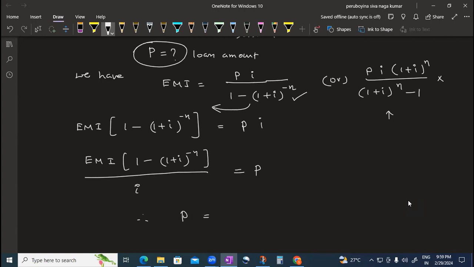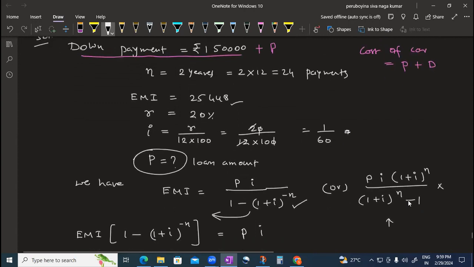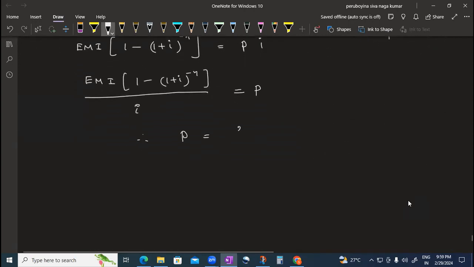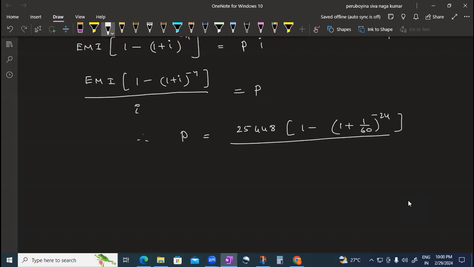Therefore P is equal to 5448 multiplied by 1 minus (1 plus I) whole power minus 24, divided by I. 1 plus I means 1 plus 1 by 60, and the 60 goes up.